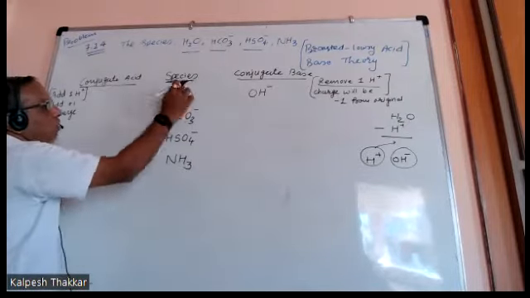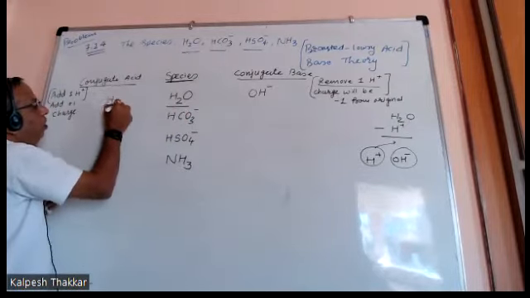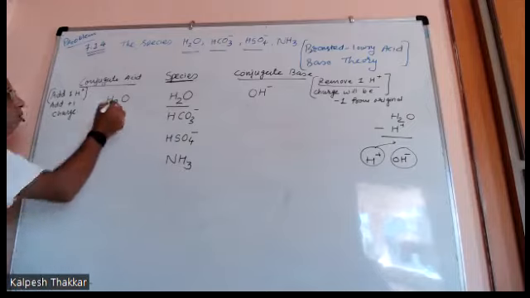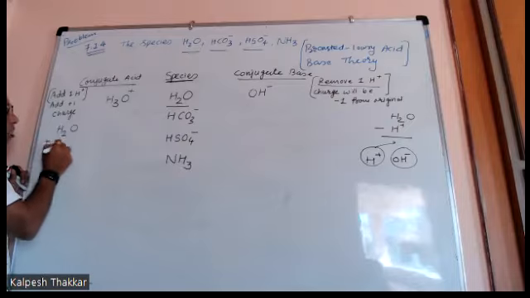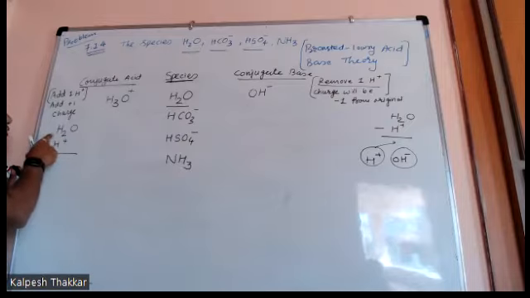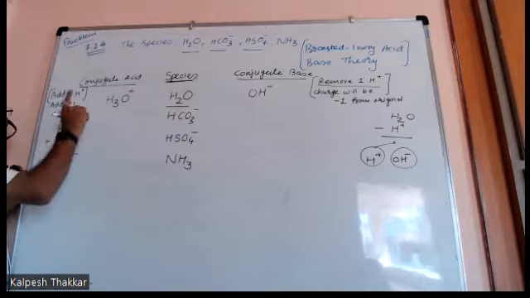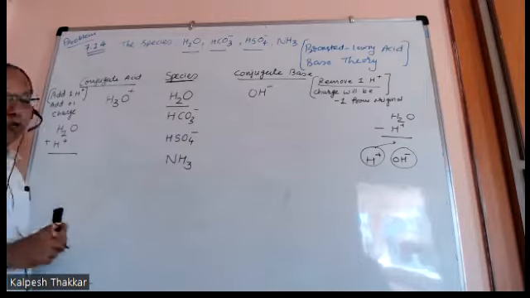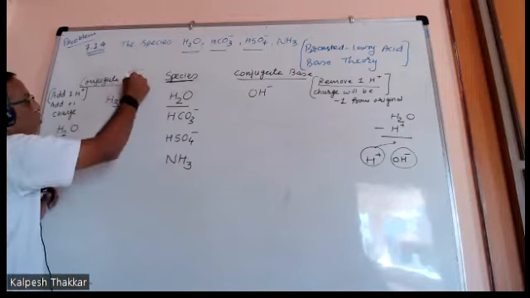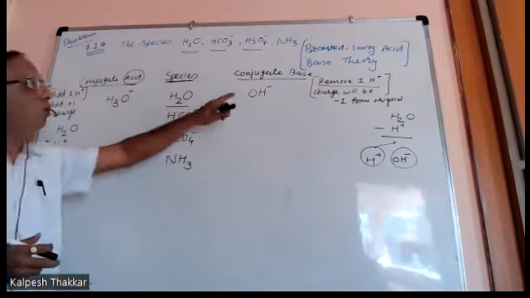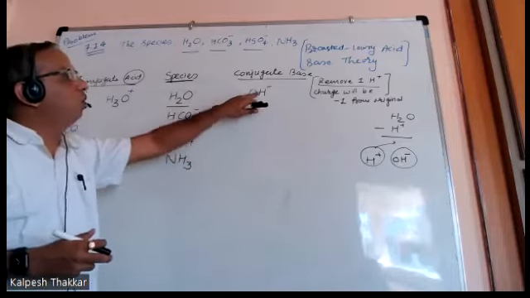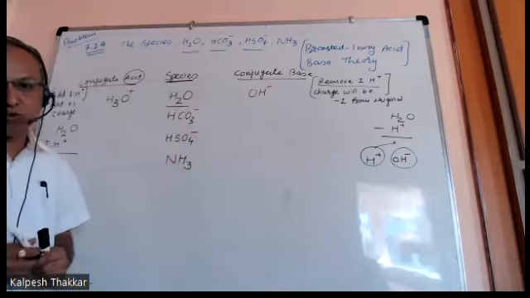So H2O is there, and here we will have H3O plus. How H3O plus? It's H2O plus H plus, so H 2 plus 1 is 3, O, H3O, and +1 charge. So this is H3O plus. It is said to be the conjugate acid of H2O, and OH minus is said to be the conjugate base of H2O.